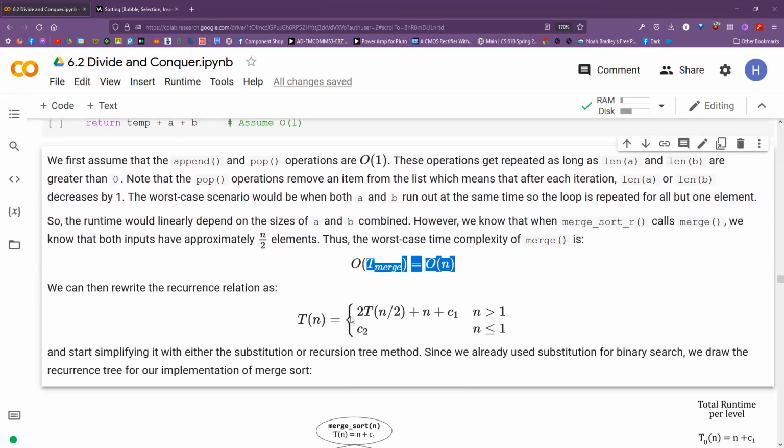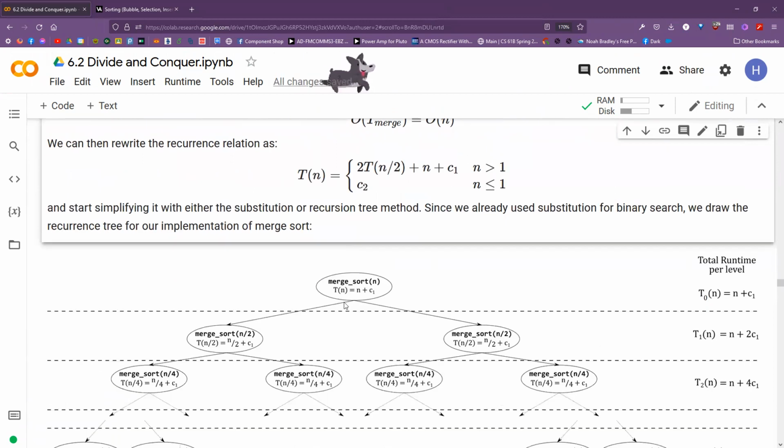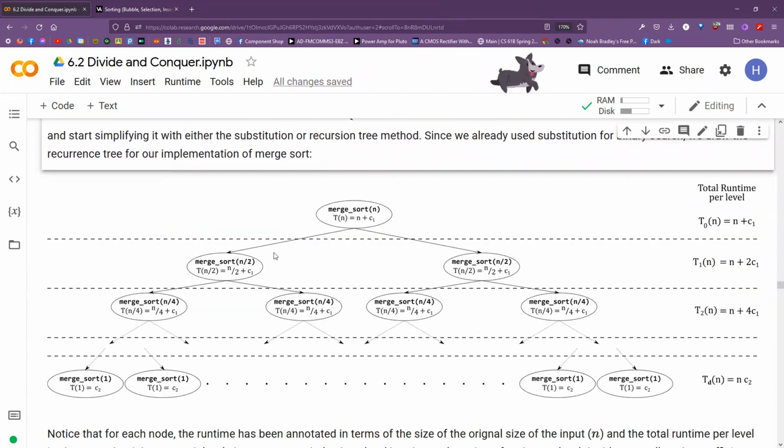So, rewriting yung recurrence relation, well, pwede naman natin tagalin yung big O and n na lang lagay natin. Mas madali yung math. So, we get this recurrence relation. And using the recursion tree, ayun, pwede natin pakita dito yung ating running time per level ng ating recursion tree.